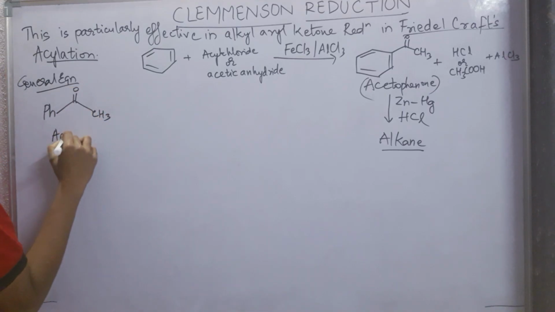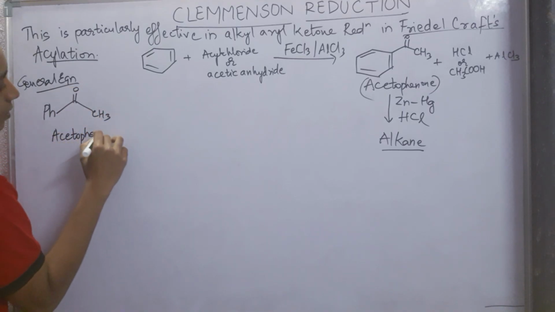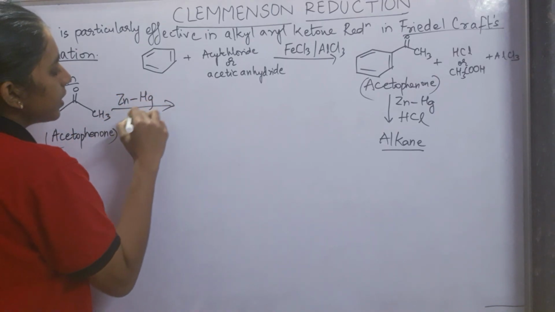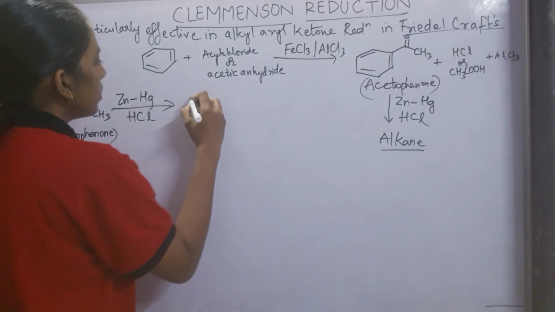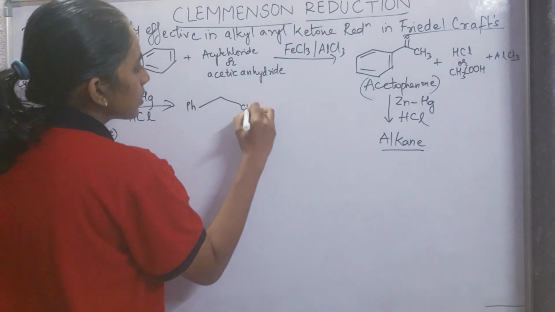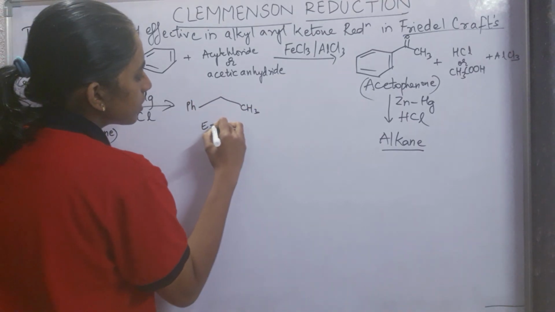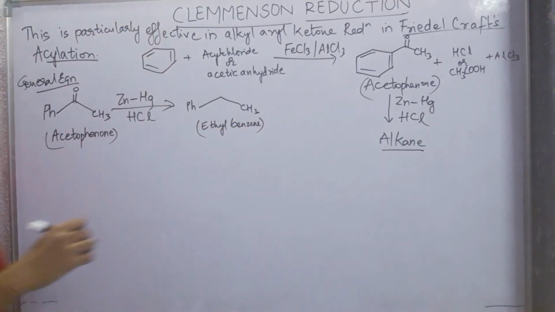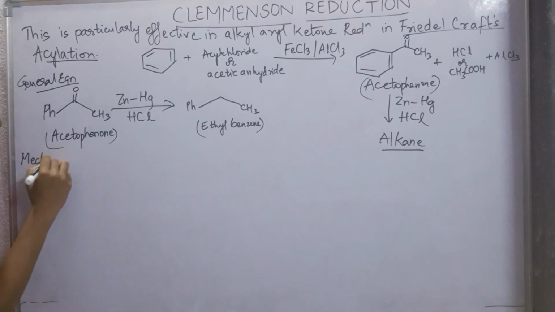This is acetophenone. When it reacts with zinc amalgam in acidic conditions, it gives us alkane, which is ethyl benzene. So this is called Clemmensen reduction. We'll see the mechanism for this equation.